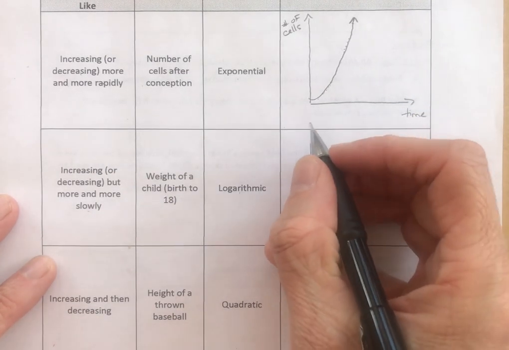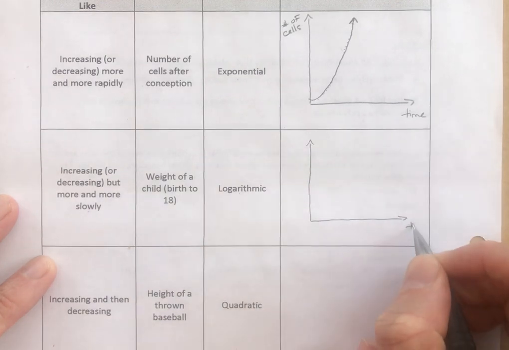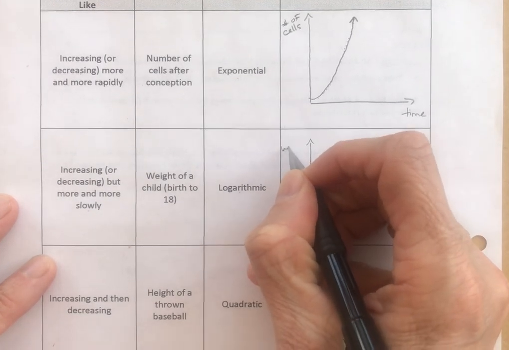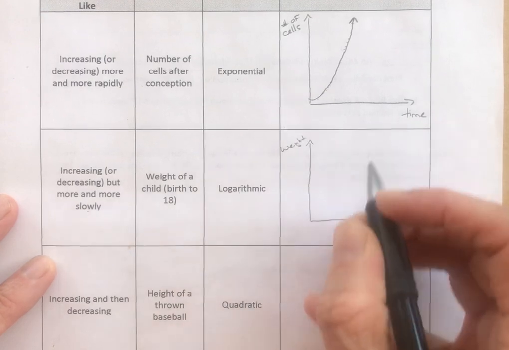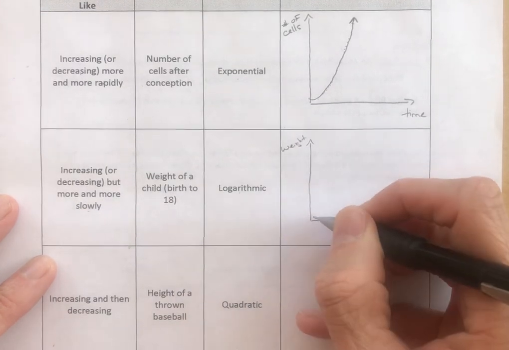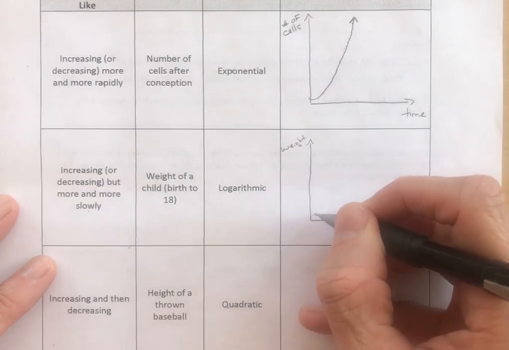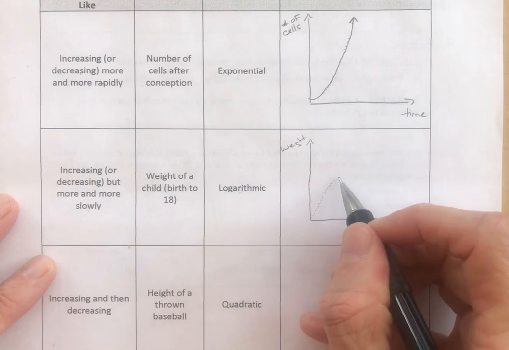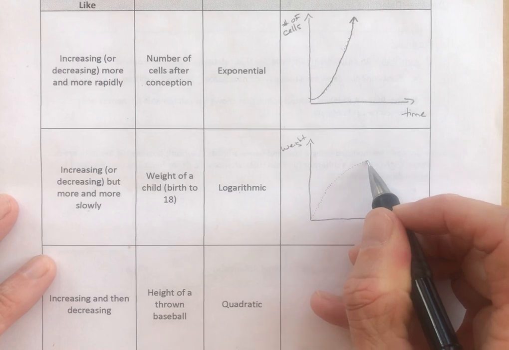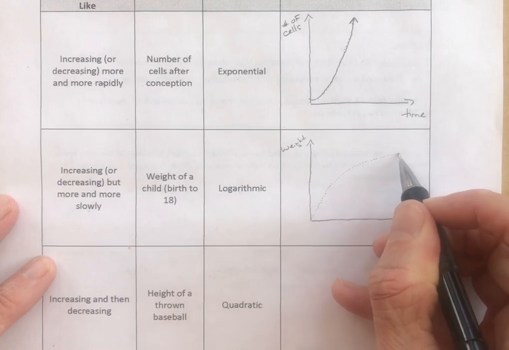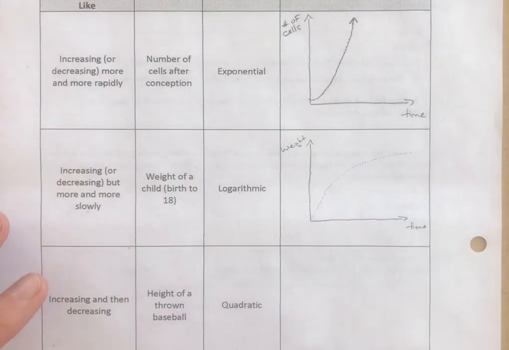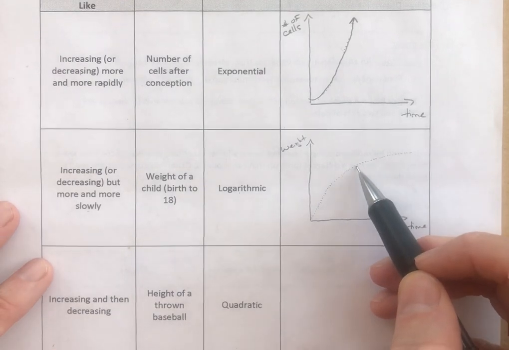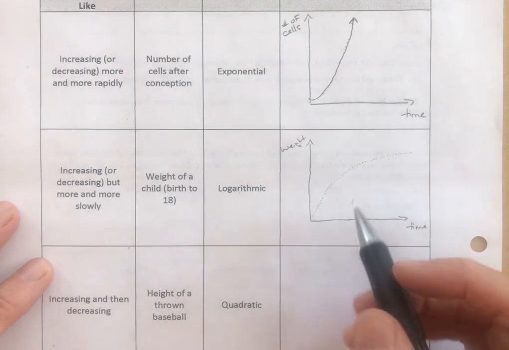Okay, so here we have time, and here we have weight. And again, starting from birth, you don't weigh much, and as you get into 1, 2, 3 years, your weight is increasing rather quickly. But then your weight begins to tail off up till 18, and you kind of hit your adult weight. So you begin to gain weight more and more slowly over the years.